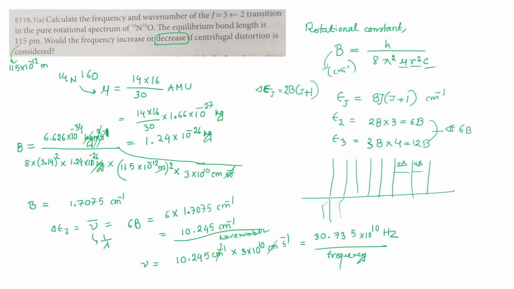So I will go to the next question, which tells the same thing. You have to calculate the frequency and wave number for the transition J 1 to 2 in a pure rotational spectrum. Now your molecule is 12C 16O. So you need to calculate the reduced mass mu and convert that to kg.